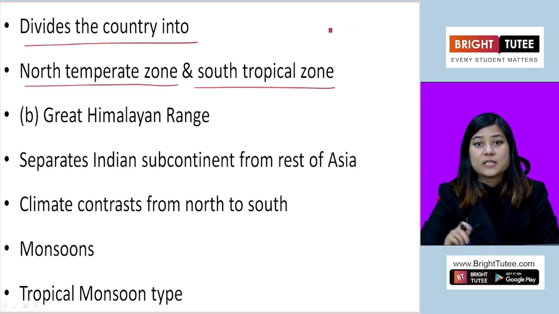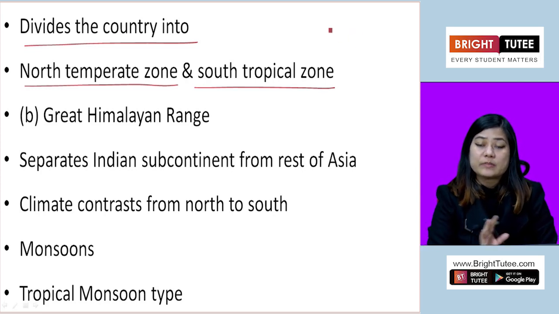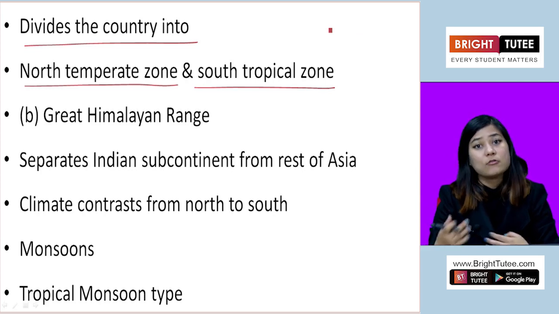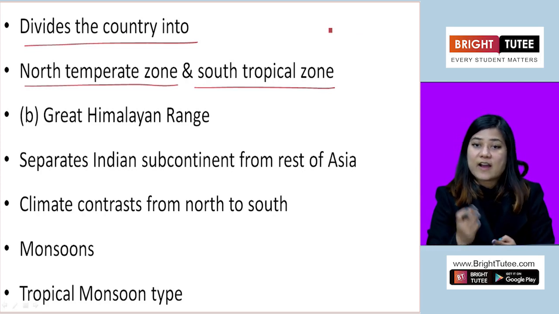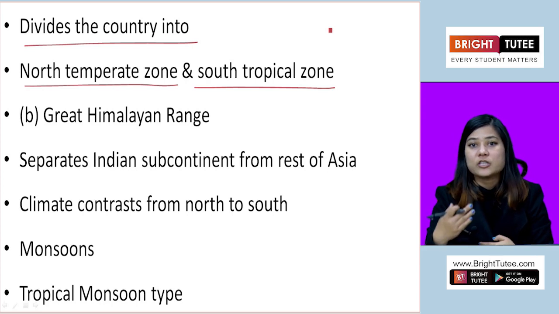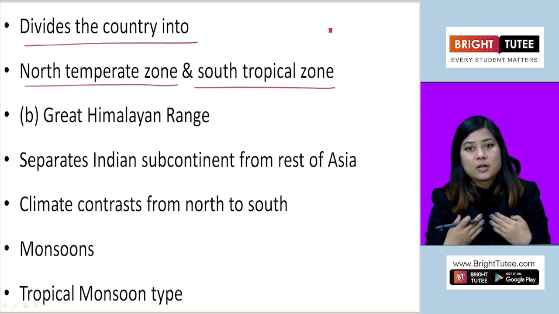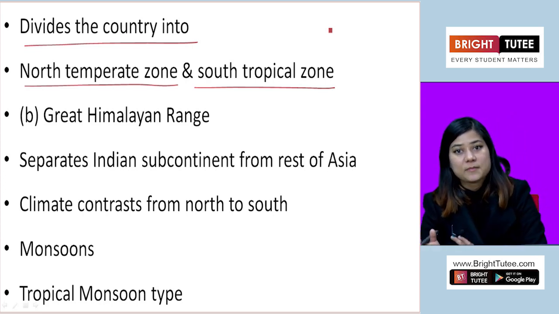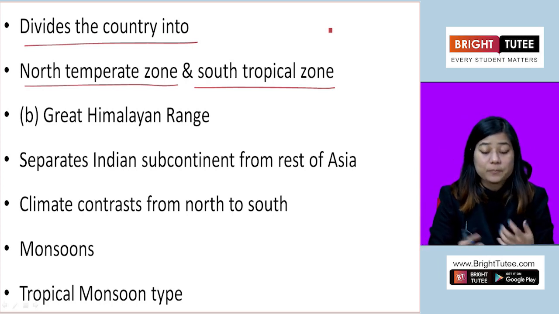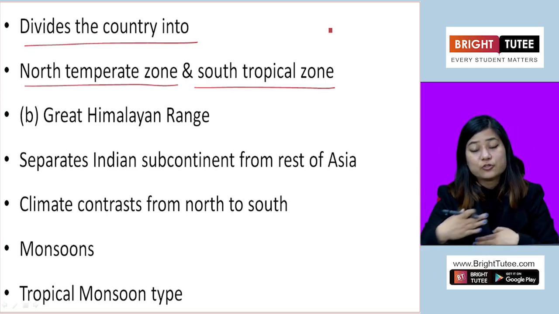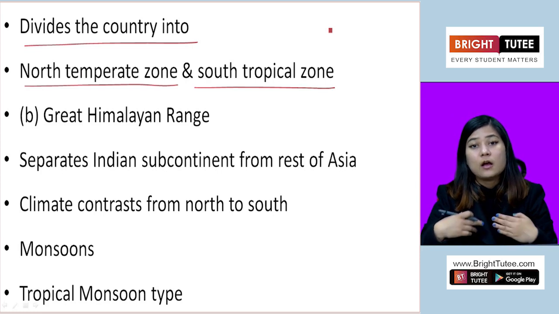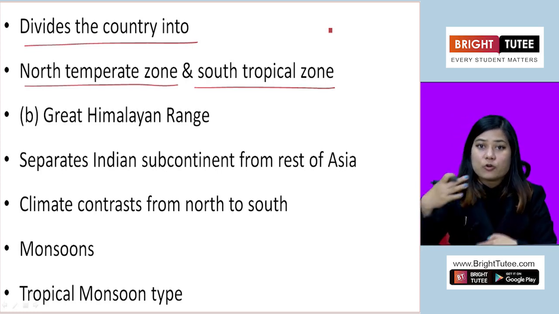The Tropic of Cancer, if you remember in the first chapter, we briefly looked at it. We saw how the earth is divided into two halves, northern hemisphere and southern hemisphere. Similarly, it is divided into two halves, eastern hemisphere and western hemisphere. India is divided into two halves by the Tropic of Cancer, and the division is north and south.